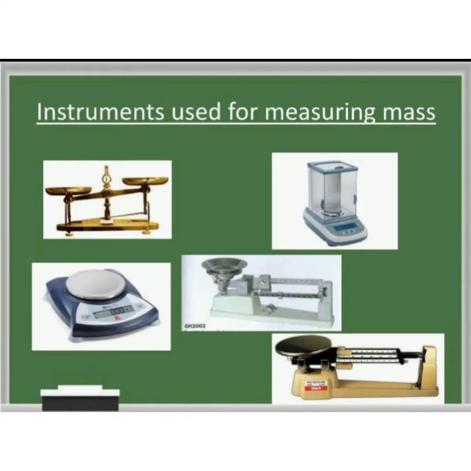Name the instruments used to measure mass. Beam balance, electronic balance, and physical balance. What is the SI unit of mass? The SI unit of mass is kilogram. What is the symbol of kilogram? kg.